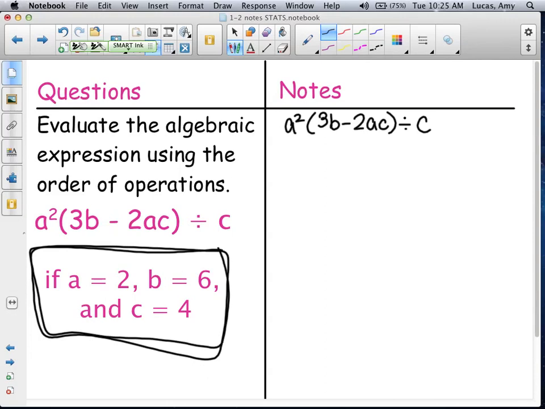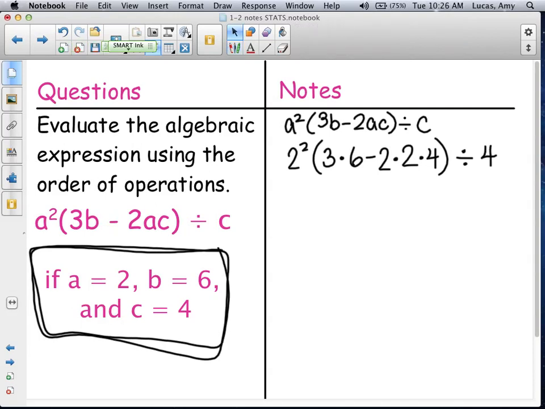So if a is 2, I've really got 2 squared. 3b means 3 times b, so I've got 3 times 6 minus 2ac means 2 times a times c, and then all divided by c, which is 4.